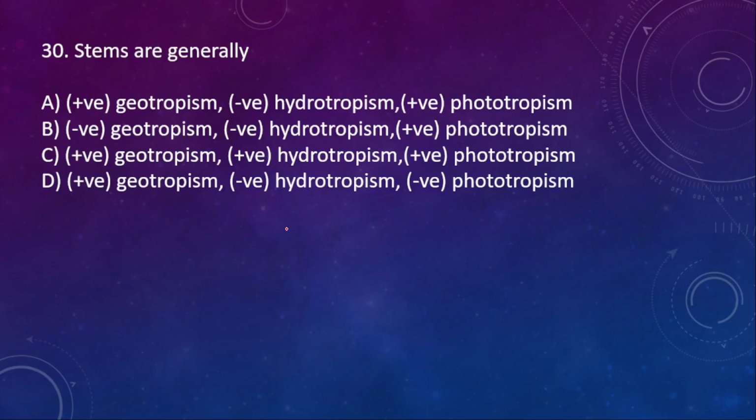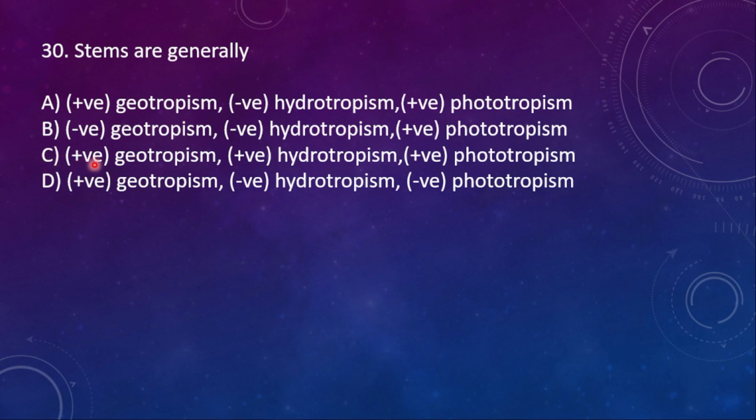Okay. Next number 30, stems are generally, option A, positive geotropism, negative hydrotropism, and then positive phototropism. Option B, negatively geotropism, negative hydrotropism, positively phototropism.